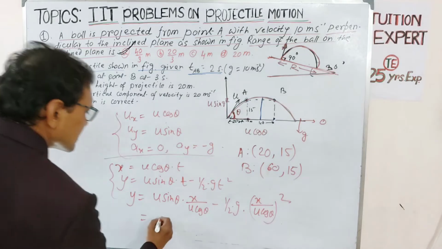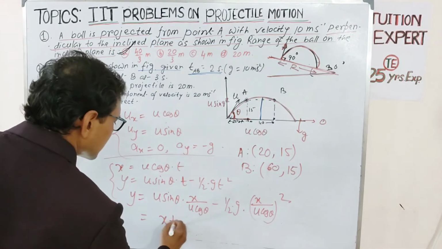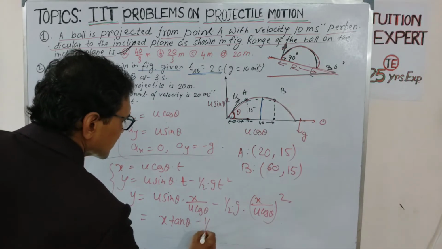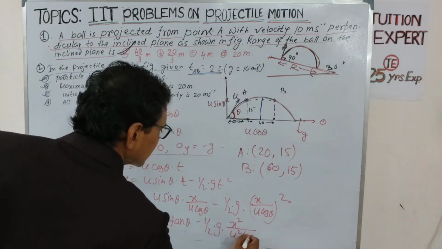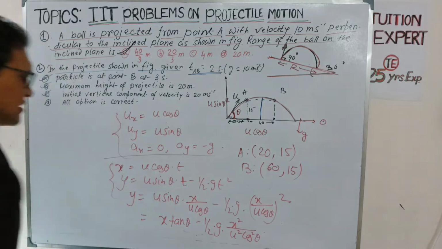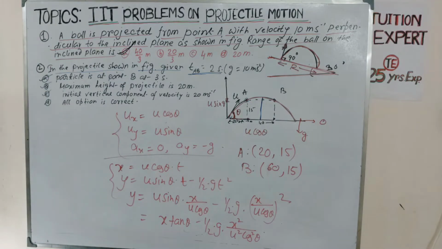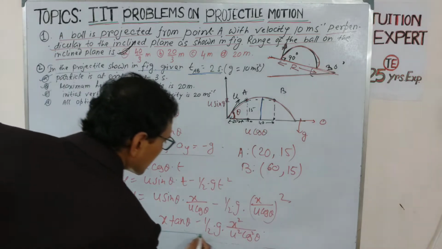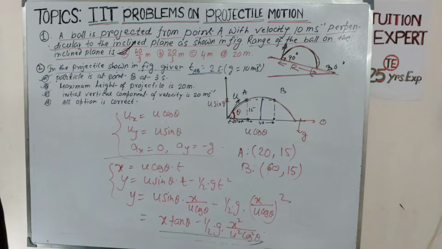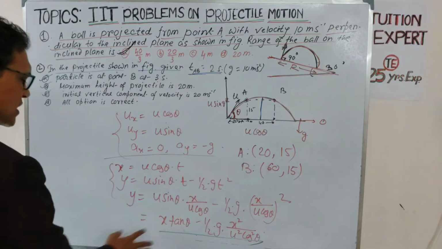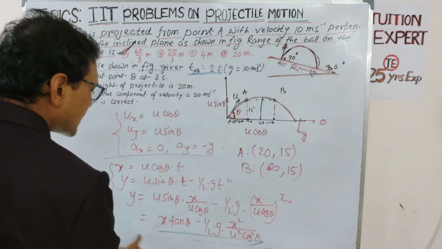So this is the projectile equation. Now the points A and B are on this path, so these points satisfy the equation.